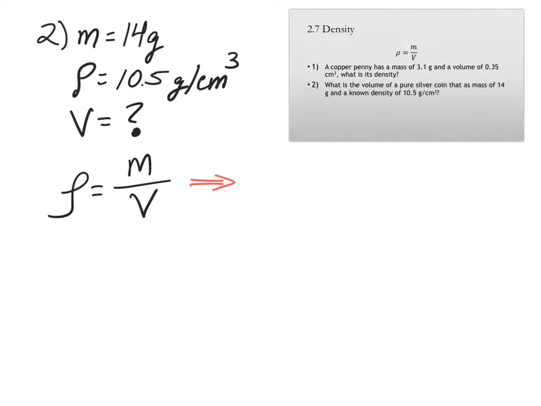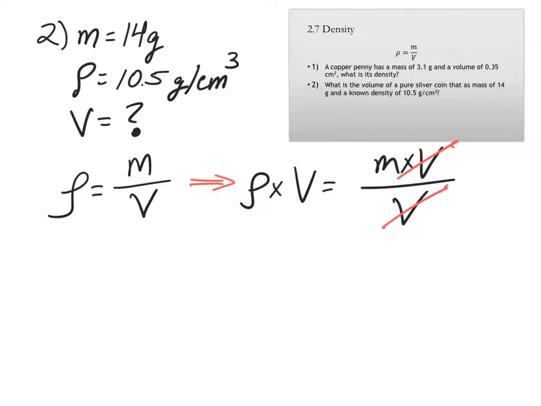So you get rho times volume is equal to mass times volume over volume, and volume and volume cancel each other out there. So you're left with density times volume is equal to mass, and then you would divide each side by the density.